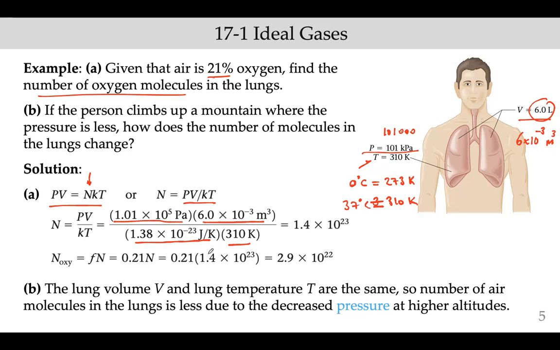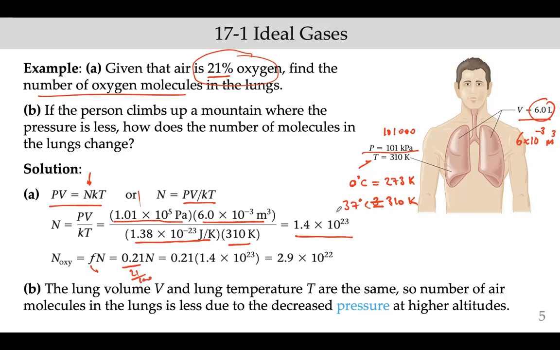Okay, so now this is the air. This is the number of air molecules in the lungs, but we want to find the oxygen, which is 21% of it. So we have to multiply this number by the fraction, which is 0.21, which means 21 divided by 100, 21%.